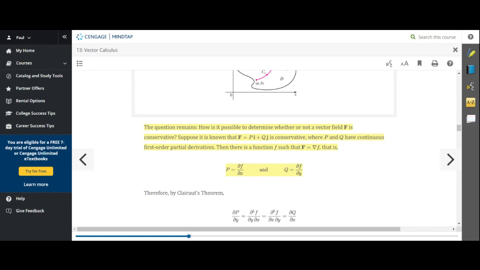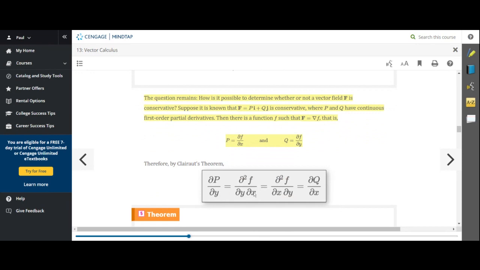Well, what we can do by Clairaut's theorem is, what if we were to take the partial derivative of P with respect to y?